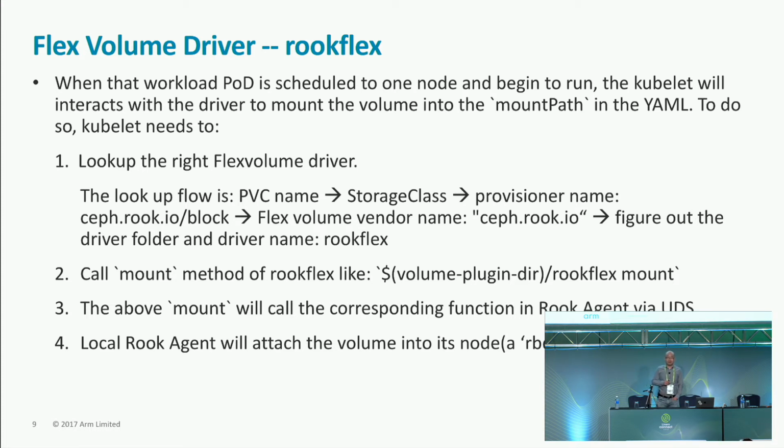Finally, Kubernetes will find the right flex volume driver and will call its mount method, just calling rookflex mount, because rookflex is a binary, just a normal executable file. The mount will call the corresponding function in the Rook agent via UDS.